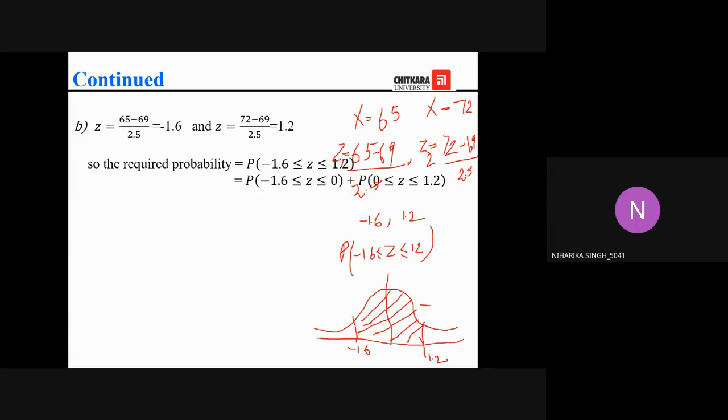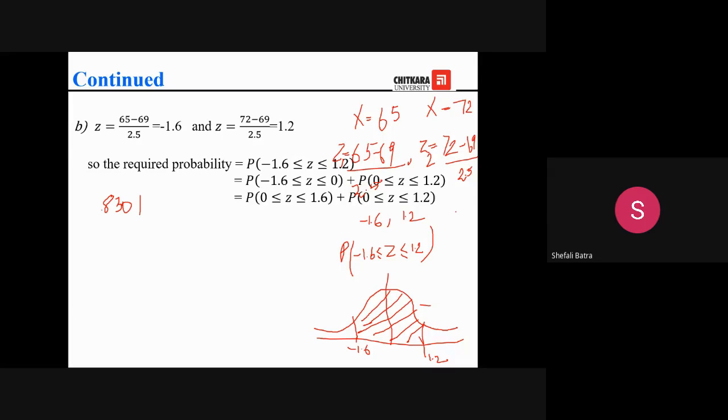Ma'am, 0.8301. Good, Satwik is also getting the same. Right, beta? So you have calculated this z1, z2. You need to find out in between. So you'll be getting this area from minus 1.6 to 0 and 0 to 1.2.